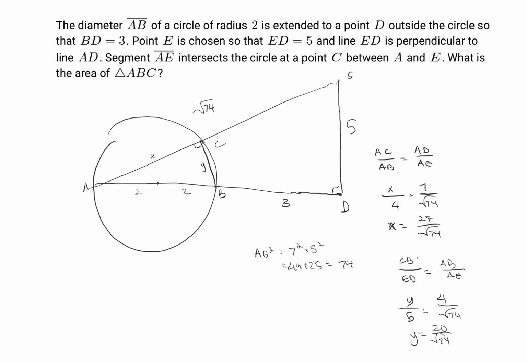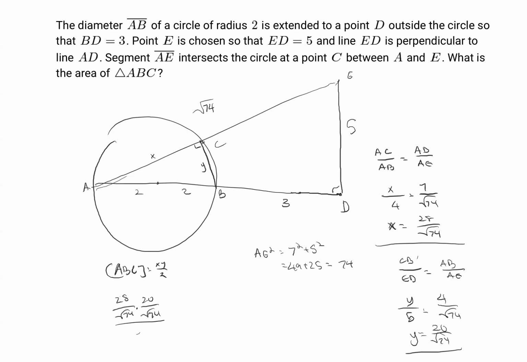So x and y. If we try to find the area of ABC, we know that it's xy over 2, just based on the triangle area formula. And if we look at this, it's 28 over root 74 times 20 over root 74, over 2.